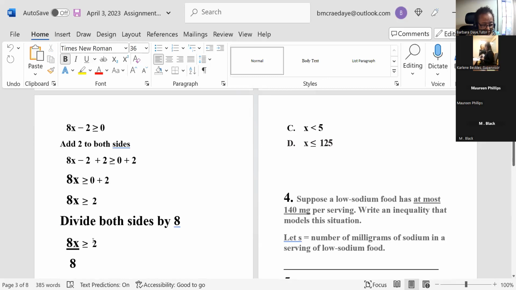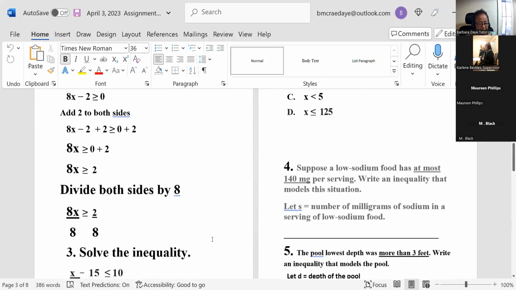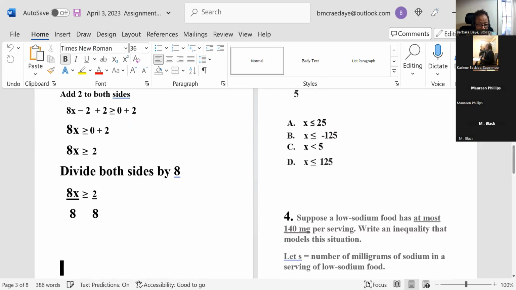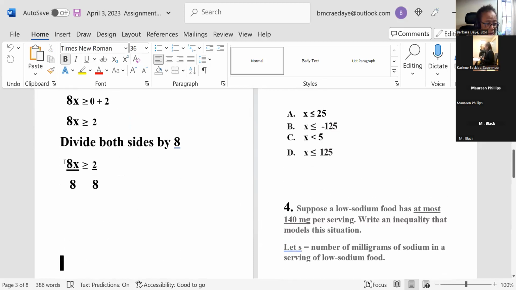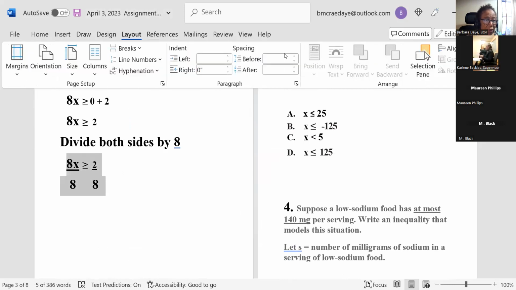And then on the right side, put 8. And let me just make that a little closer so you see that it's a real division.